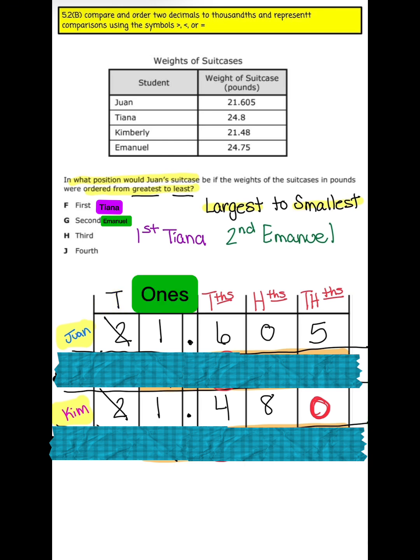In the ones place, Juan and Kim both have a number 1, which shows that they have equal values. We're not able to tell if the number is larger or smaller, so we'll mark the ones out and move to the tenths place.